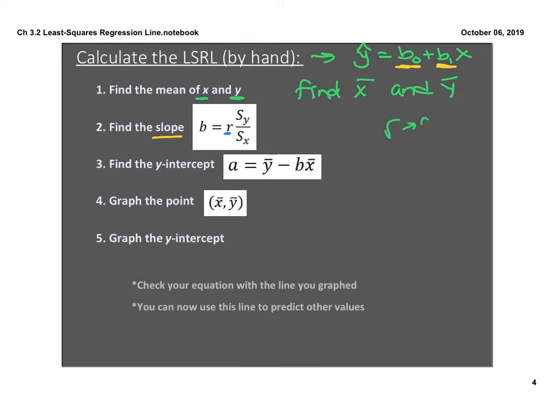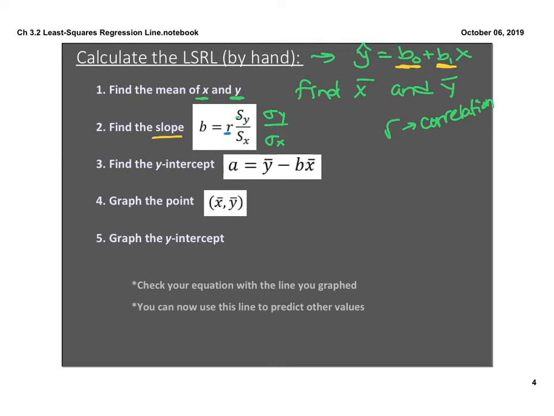R is correlation. So we would take the correlation, basically that's how strong is the association between the two variables, and we would multiply that by the standard deviation of y over the standard deviation of x. That's what S sub y and S sub x is.